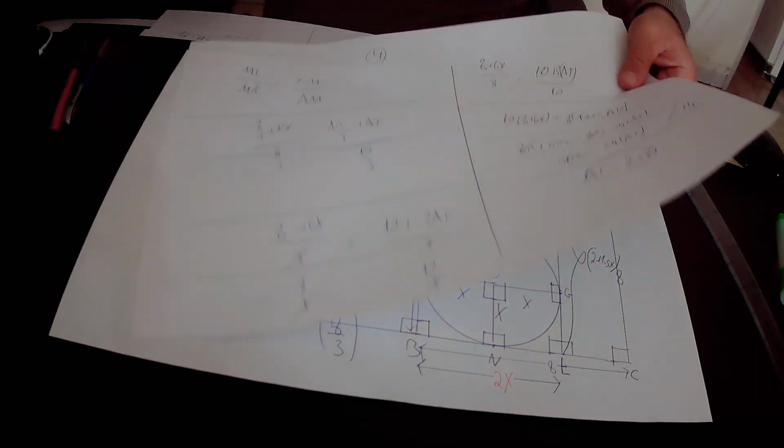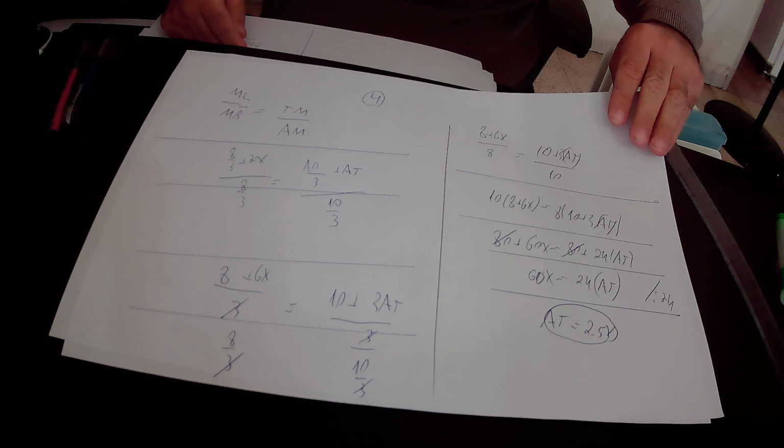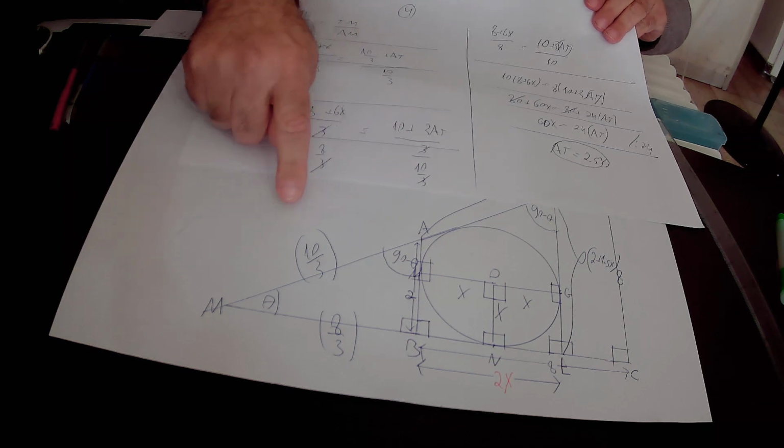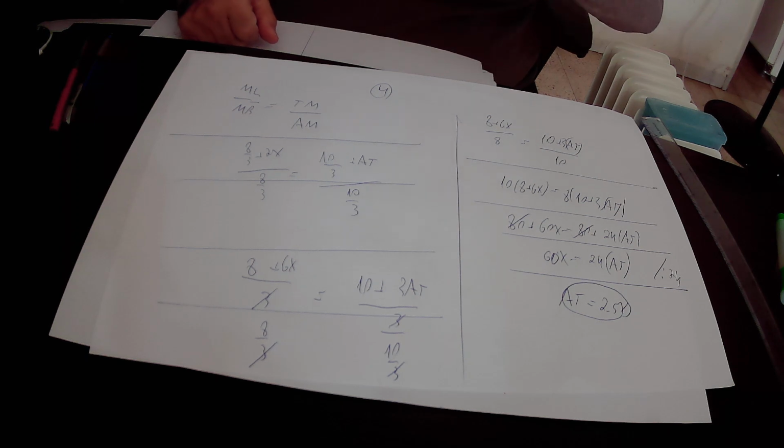So substitute TM by 8 over 3 plus 80, and over AM, which is 8 over 3. So we substitute AM by 8 over 3.